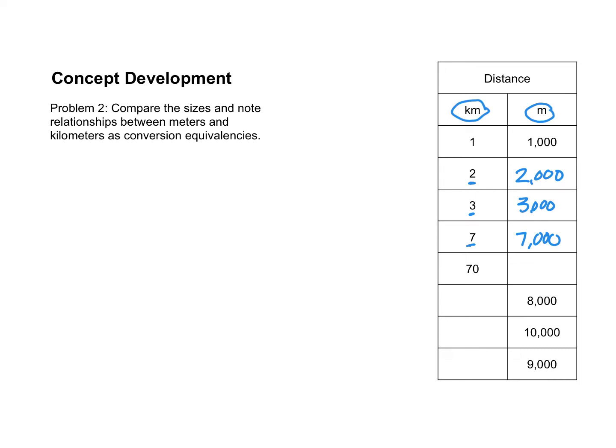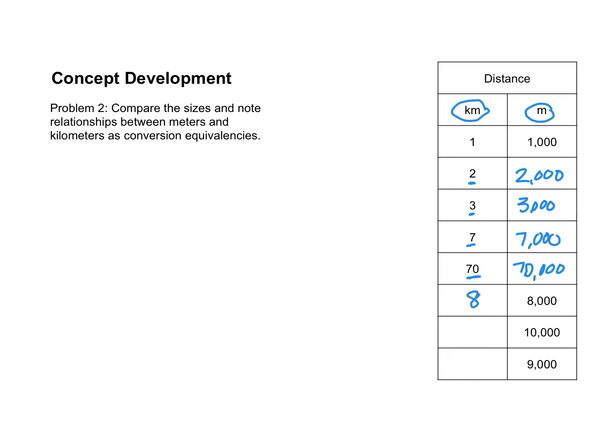Okay, here's one. We're getting a little bit trickier now. What about 70 kilometers? We added a 0. So if we added a 0 here, then we're going to need to add a 0 to our 7,000, and we're going to have 70,000. Okay? Now we're flipping back over to the meter side. If 8,000 meters, how many kilometers is 8,000 meters?